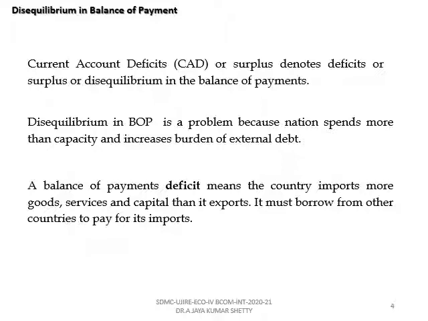A balance of payment deficit means the country imports more goods and services and capital than it exports. It must borrow from other countries to pay for its imports. So in the long run, the country becomes a net consumer, not a producer of the world's economic output. It will have to go into debt to pay for consumption instead of investing in future growth. If the deficit continues long enough, the country may have to sell off its assets to pay its creditors.